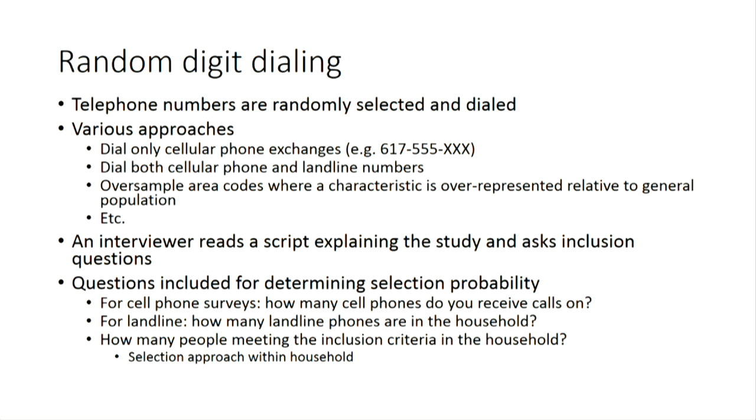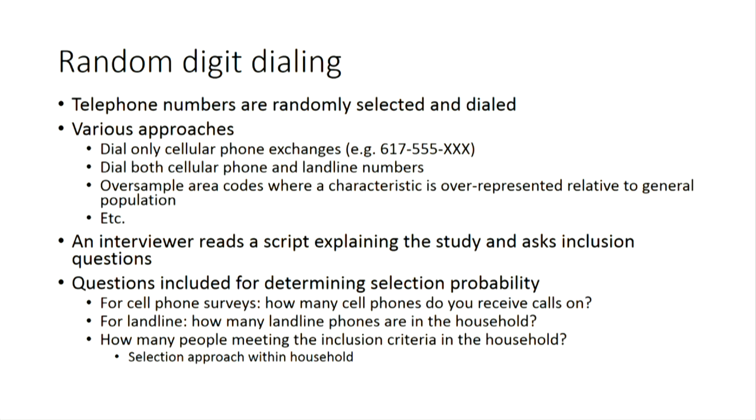But there's a number of things that you can't control for that might affect somebody's probability of selection. And for cell phone surveys, most typically that is how many cell phones a person has that they receive calls on. So if somebody has two cell phones that they receive calls on, by virtue of just random dialing, they'll have twice the probability of being selected to participate in a study compared to somebody who only has one cell phone.